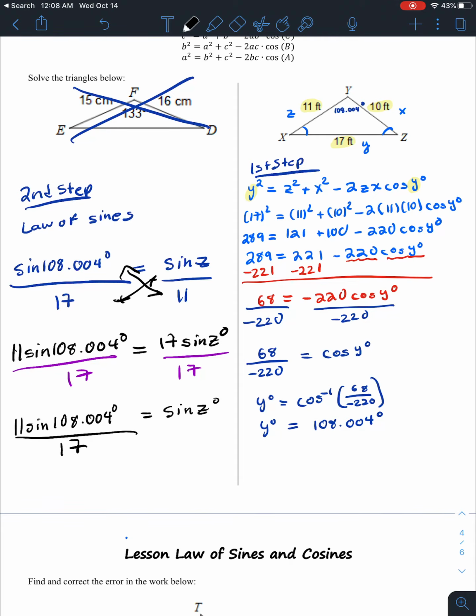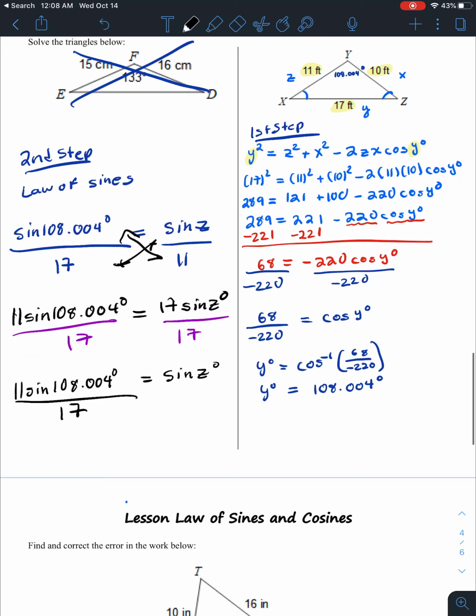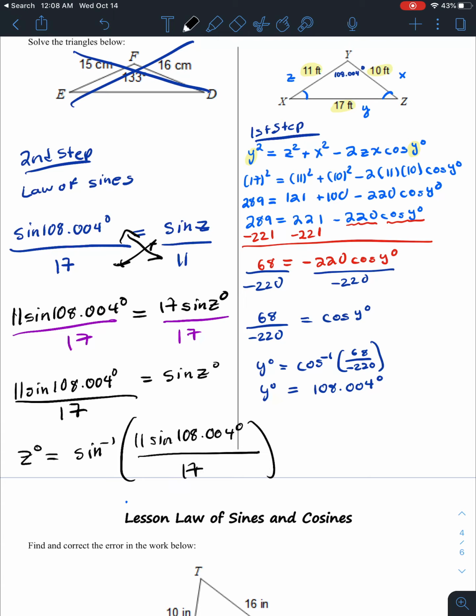And then once again, to find the degree, we are just going to do the inverse of all of that. I'm probably going to have to make a video or do a demonstration on how to use different types of technologies. If you have an advanced calculator such as a TI-83, 84, TI-Nspire, even a Casio, it should be pretty straightforward.